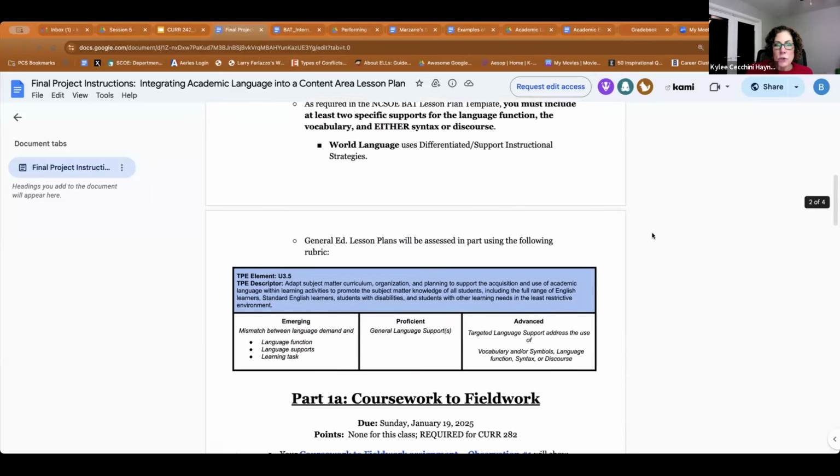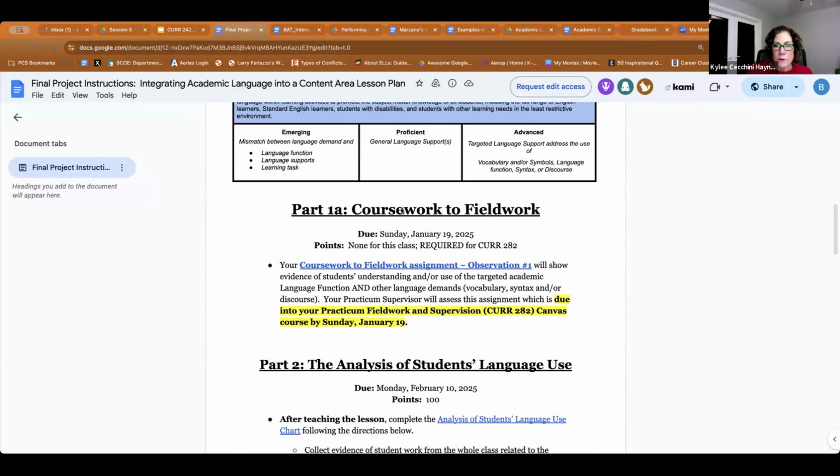So let's get into the coursework to fieldwork piece. This is due, and I'll tell you what this is in just a second, January 19th, Sunday, January 19th. I'm not giving you any points for this. It is a requirement for Curriculum 282.